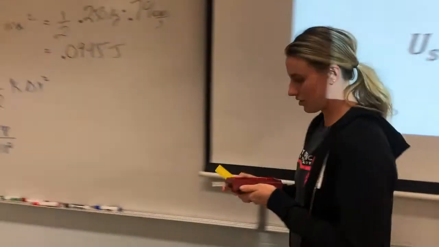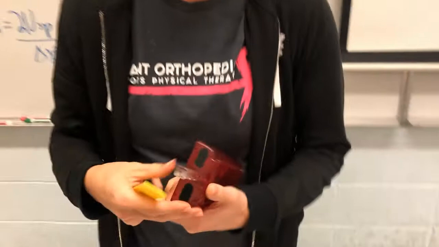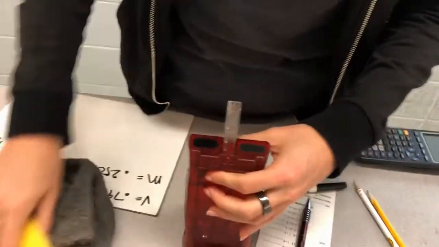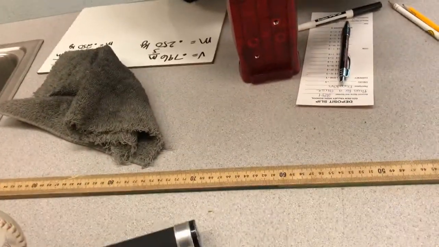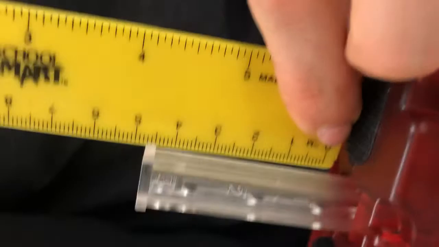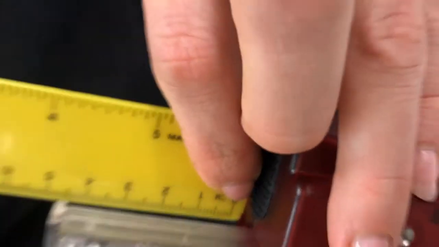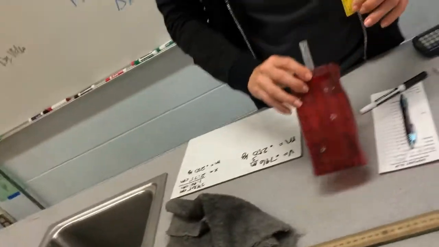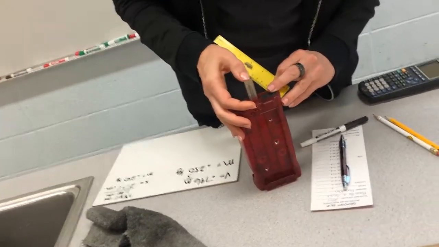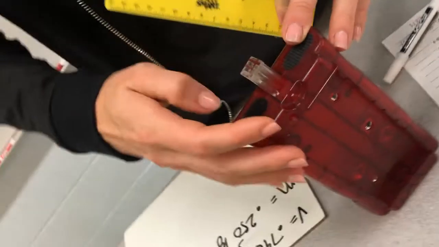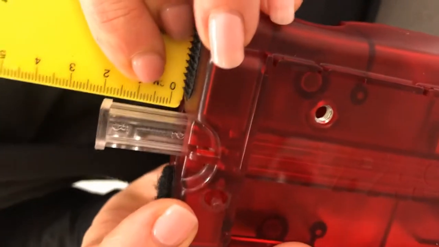Okay, so we want to measure the change. That's the displacement of the spring. So I'm gonna go ahead and put this on here as best I can. That looks like, let's call it 4.65. Write that down. That's x original. And now it's shorter.